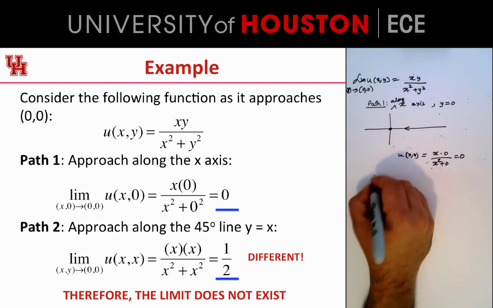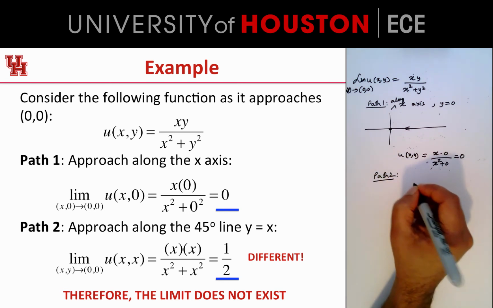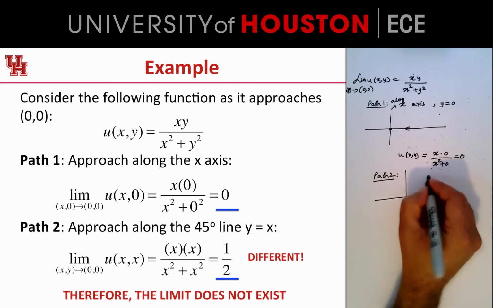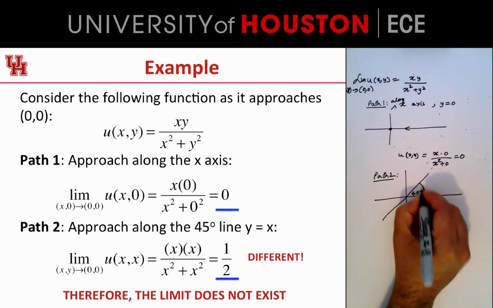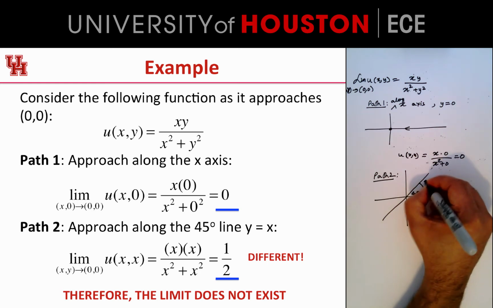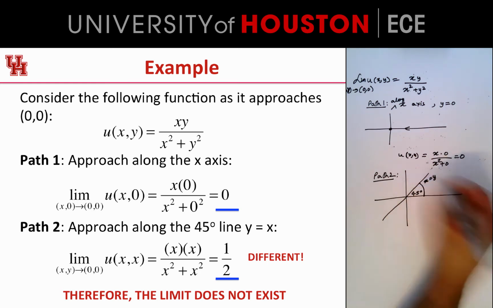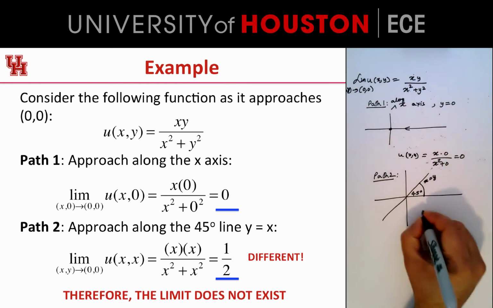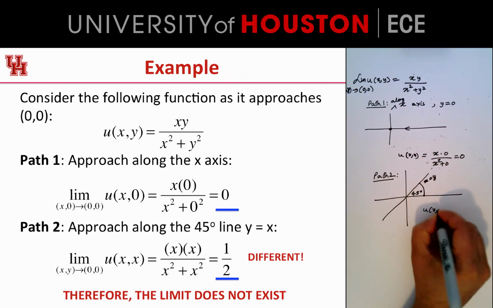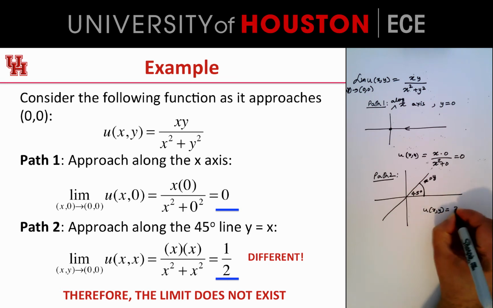Now let's consider path number 2. Another path that we can take is the path along the 45-degree line. Along this line we know that x equals y. So let's see what happens when x equals y. In that case, u of xy is x times x divided by x squared plus x squared.